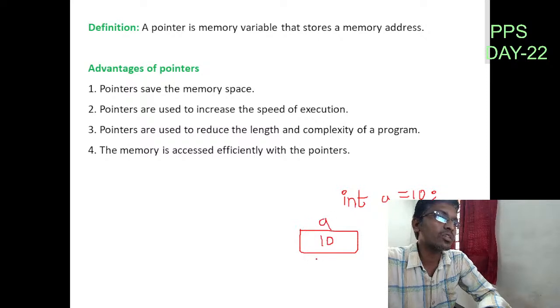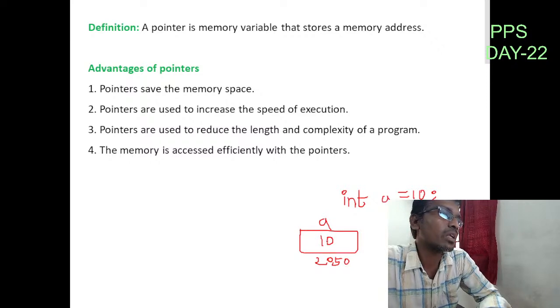Let us assume that the address of this memory location is 2050. So 2050 is the memory address where the value of a is stored.